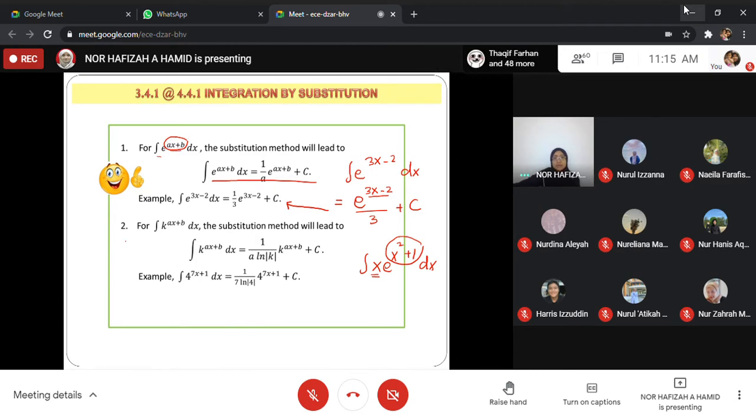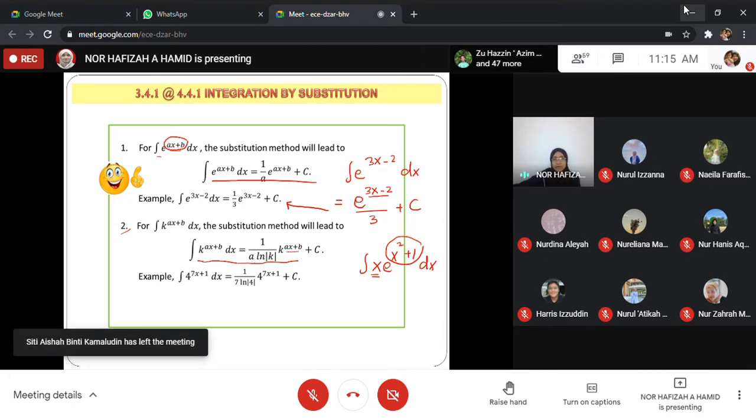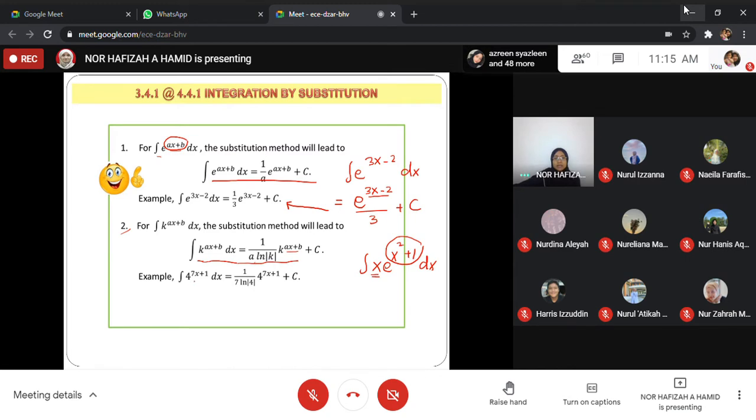So formula number 2 is for integrations of k to the power of ax plus b. The formula is 1 over a times ln k, times k to the power of ax plus b, plus c. For example, you need to integrate 4 to the power of 7x plus 1.